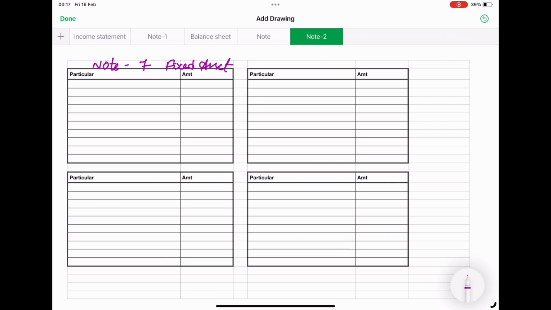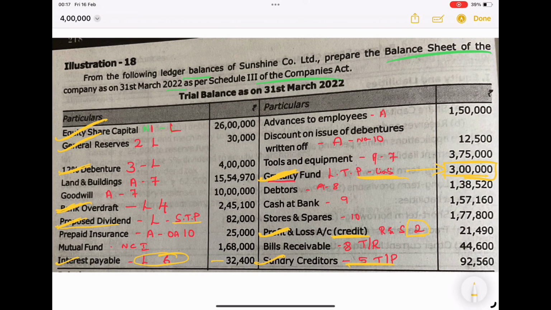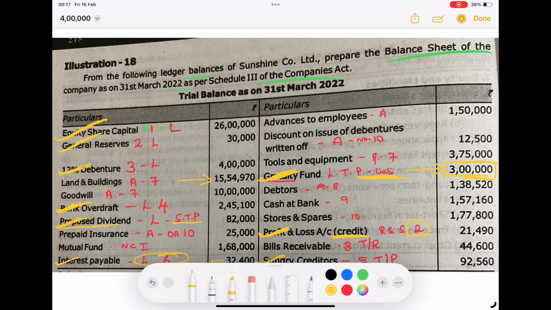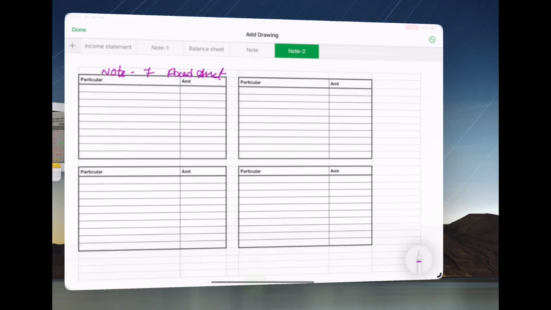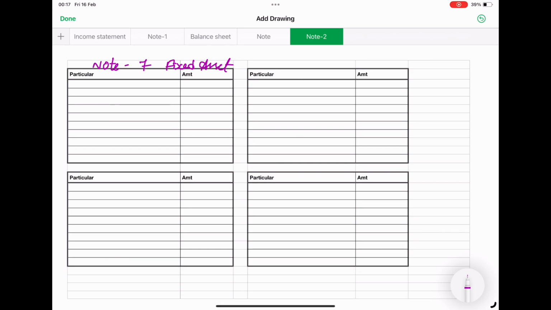Okay, so first asset, land and building, 15 lakh 54,970, land and building.